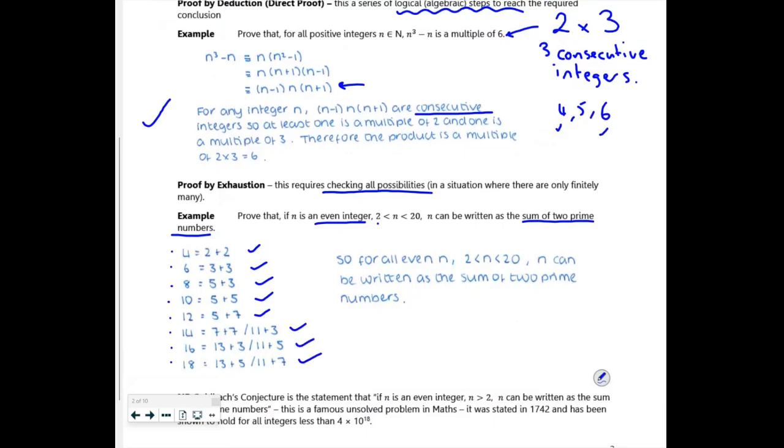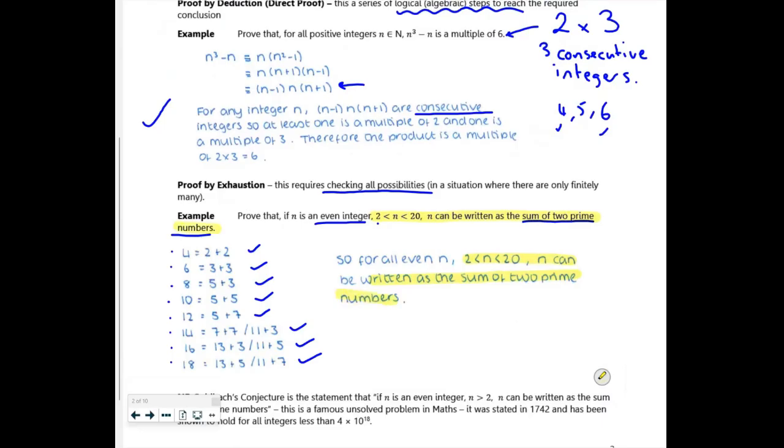I've shown them all. Now, if you look, change to the highlighter. The question said that there, and look, the answer says the same.